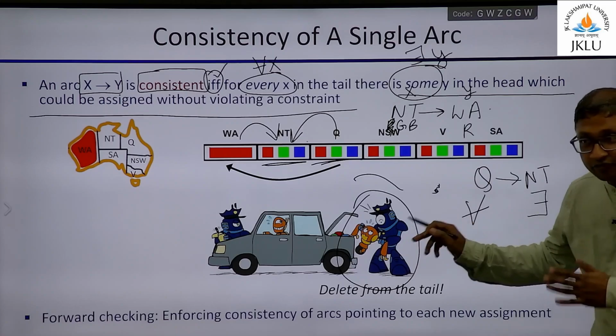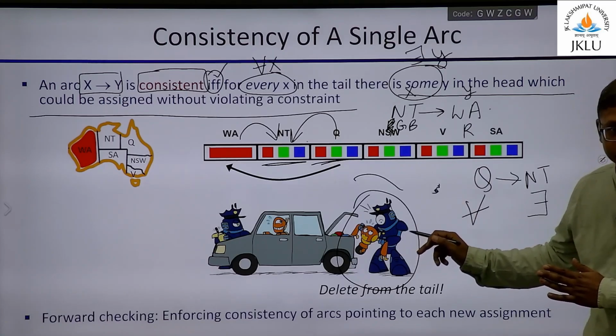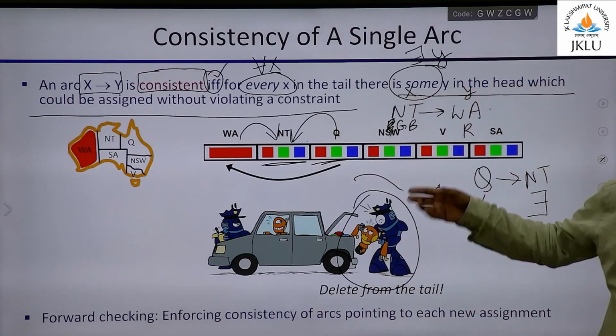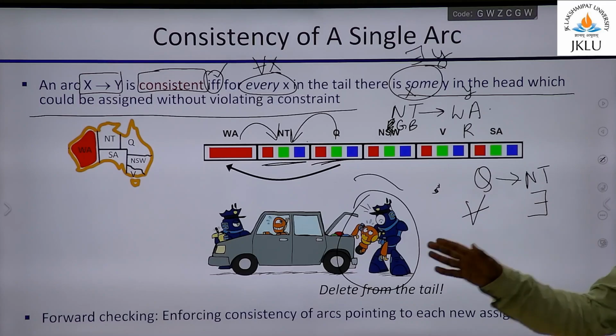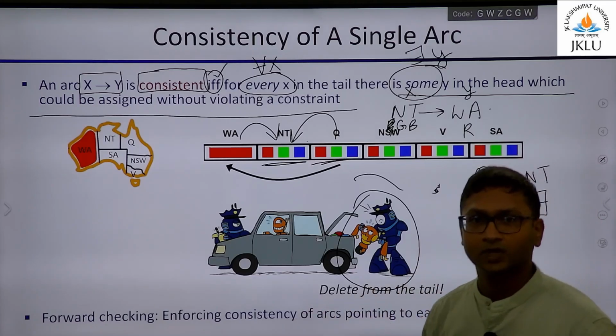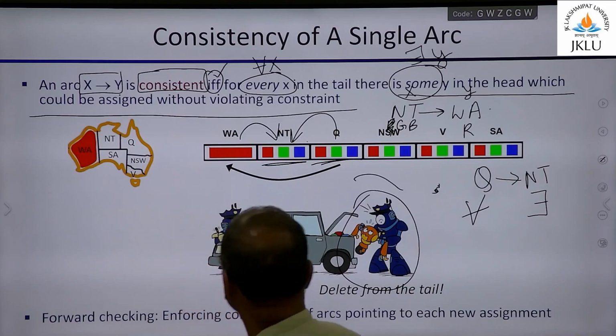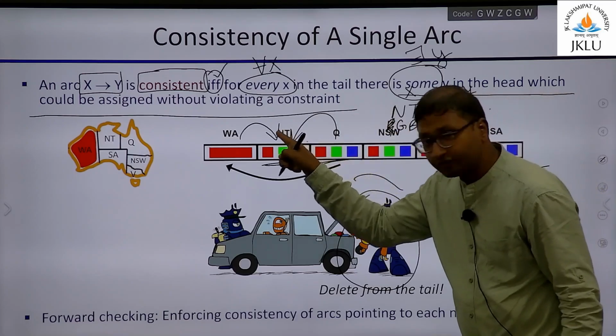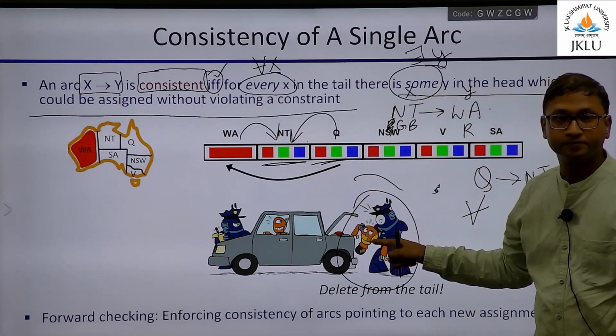You delete only from the tail. Okay? Any questions here? क्योंकि ये तो मैं पूछ रहा हूं एक आर्क देके कि whether this is consistent or not. No, you delete. You don't delete from the head. You delete from the tail.